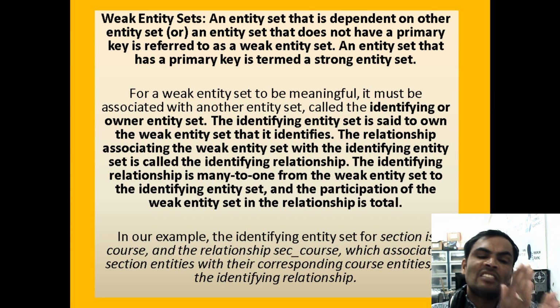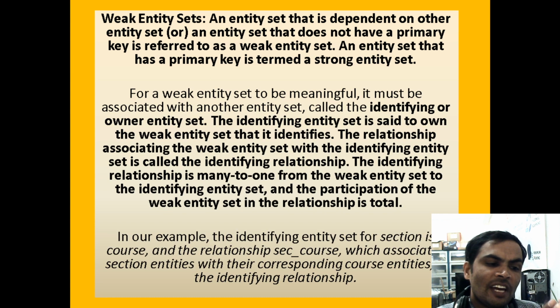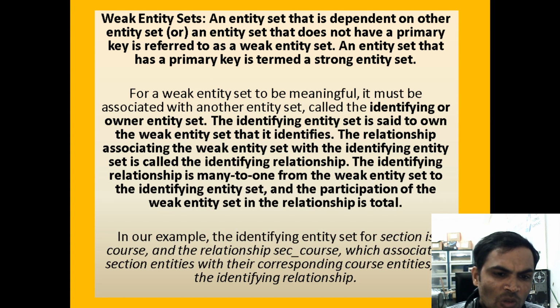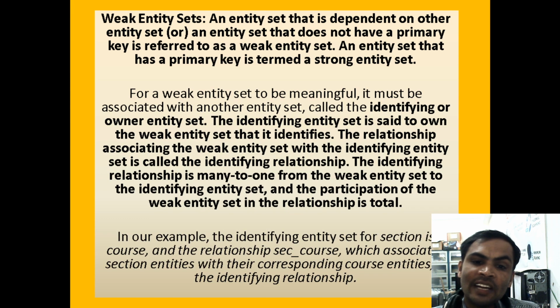Why are we giving many to one? The many should always be on the weak entity set side, because the weak entity set does not consist of a primary key. The identifying entity set or owner entity set can consist of a primary key.